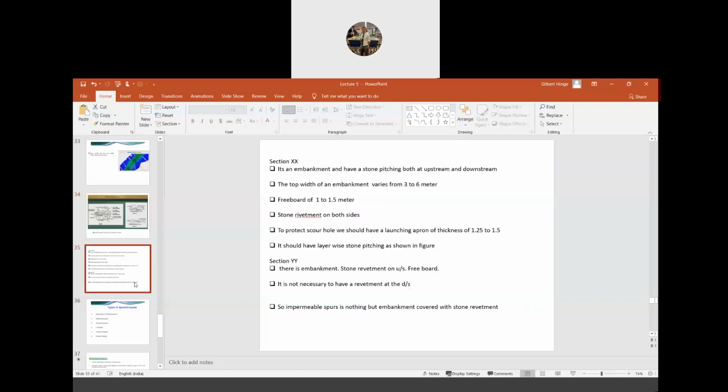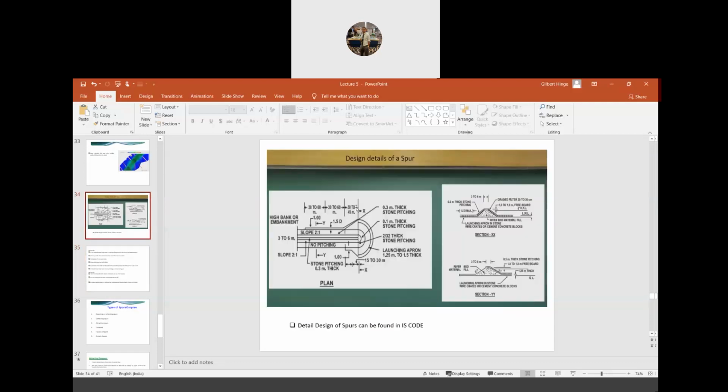So what is written here? A spurs is nothing but an embankment, just an embankment having some kind of stone pitching. If you draw the sectional view of this part XX, it becomes like this. It is like an embankment whereby we put some kind of stone pitching on both ends.